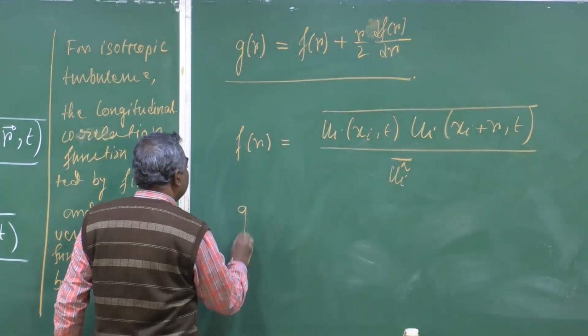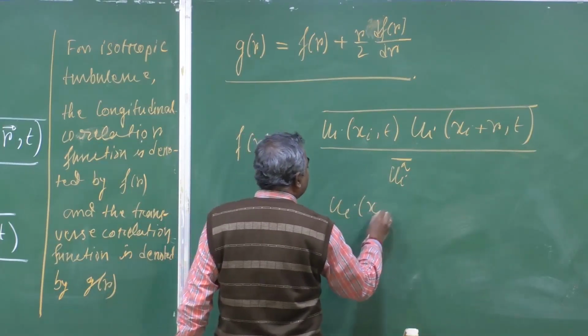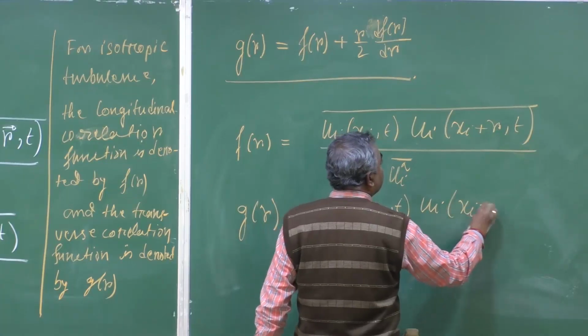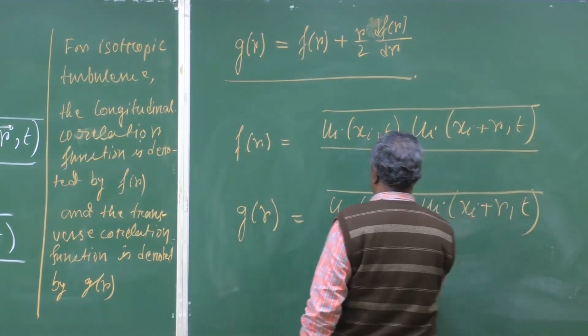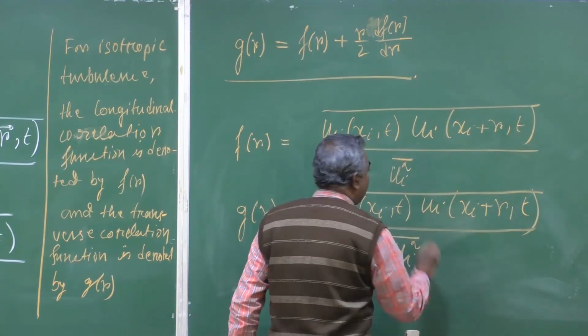And g(r), similarly, you can define as u_i(x_i, t) u_i(x_i + r, t), divided by u_i square bar.